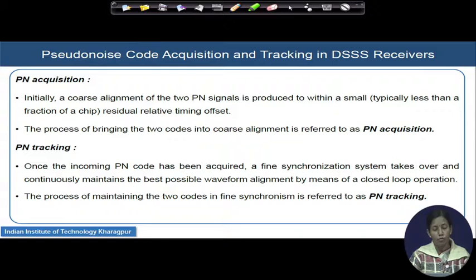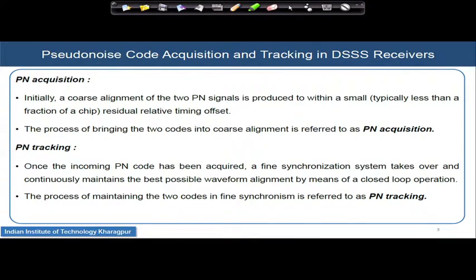Even if you try to combine these two mechanisms, you have to first align within the gross residual offsets, and then you can go ahead with the fine tracking, the fine alignment. Hence, even with a combined circuit design, you will end up first doing the coarse alignment, then doing the fine alignment of the codes.